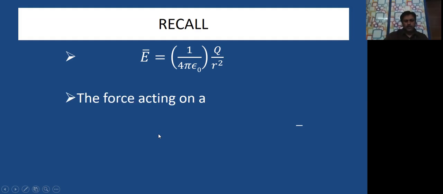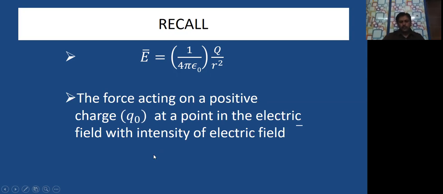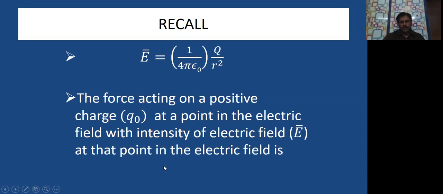The second point, the force acting on a positive charge q naught at a point in the electric field with intensity E bar at that point is F is equal to q naught into E. Here F is a vector, E is also a vector. I have shown them by using the bar symbol, which you all know.